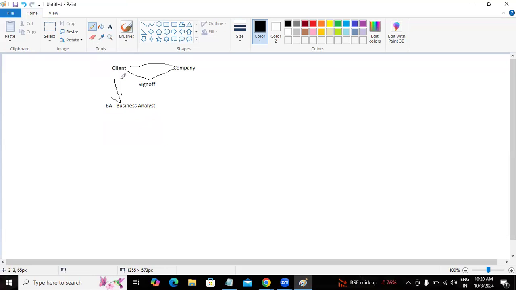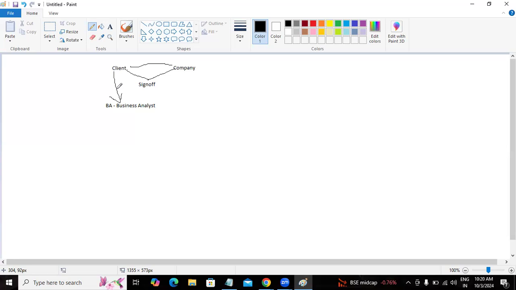After receiving the requirement from the customer, the requirements will be analyzed and reviewed by the BA team and the QA team.